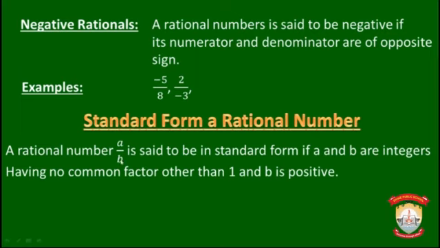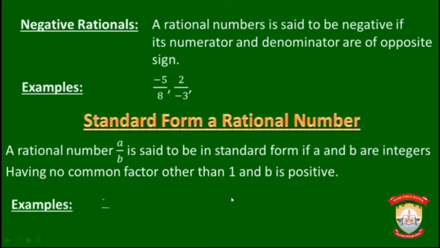It means that the numerator and denominator should not be divisible by the same number other than 1. 1 is a factor of every number. The second condition is that the denominator should not be negative. If a rational number satisfies both these conditions, then it is said to be in standard form.